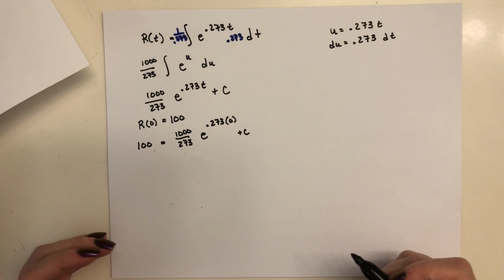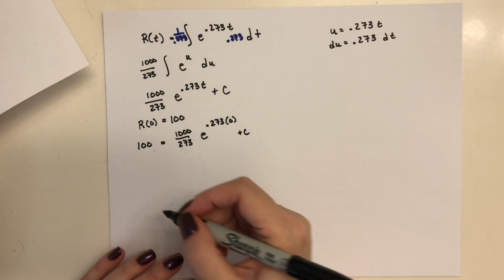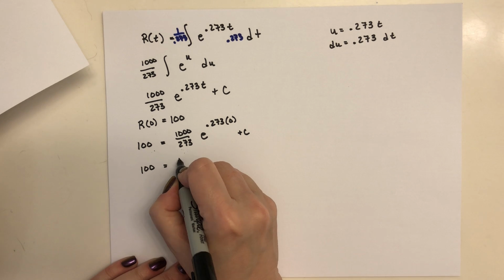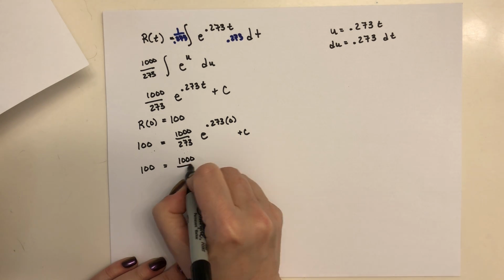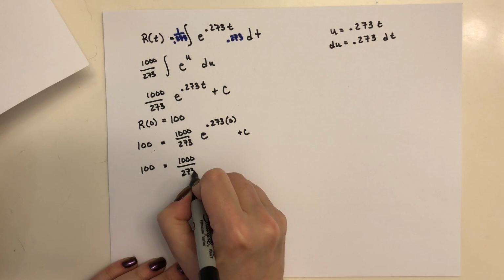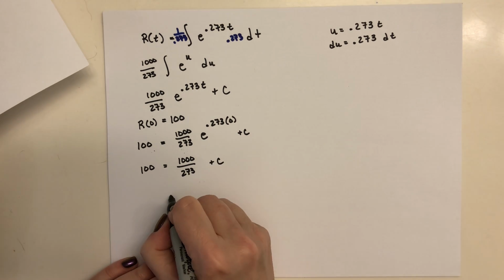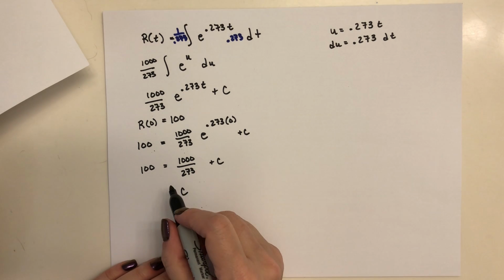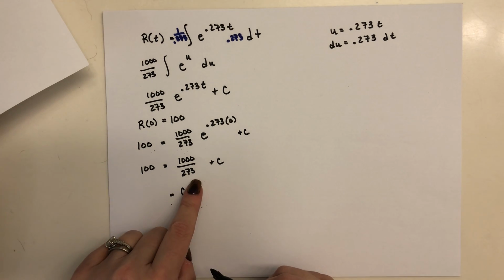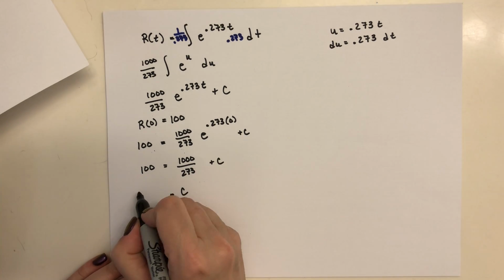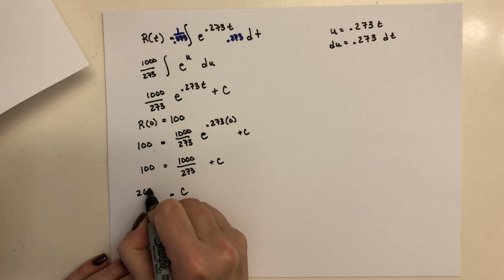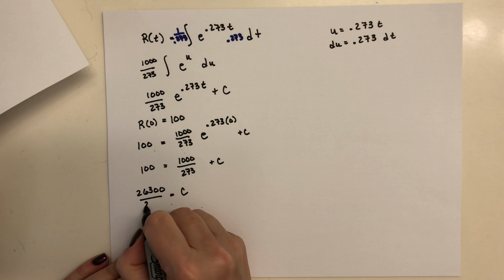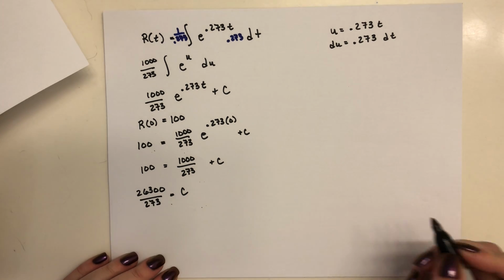As it turns out, e to the 0 power is 1, just like it should be. Now I just need to use my calculator and solve for c. That's when I take 100 and subtract this fraction and do math enter, and c comes out to 26300 over 273. So that's what c is.